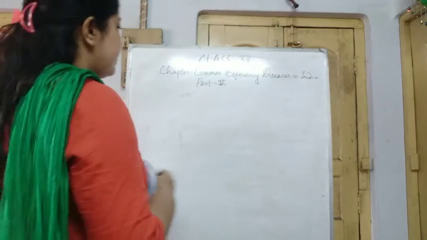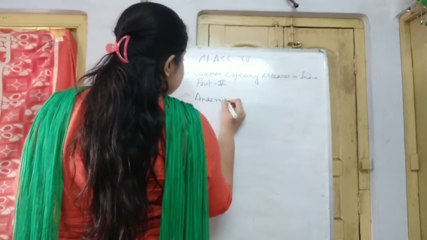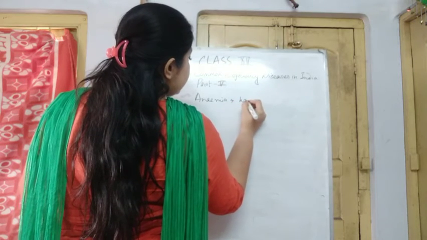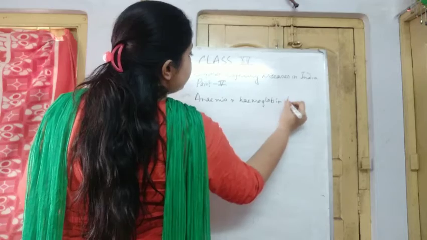So anemia is a disease where hemoglobin level is low.